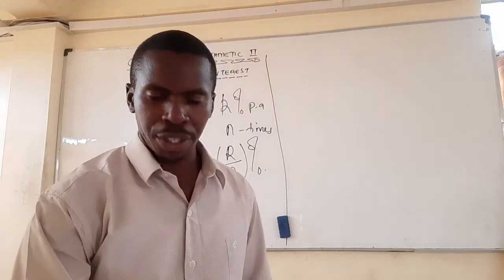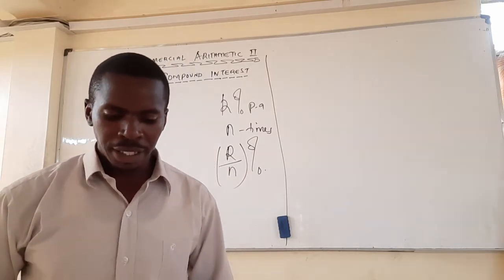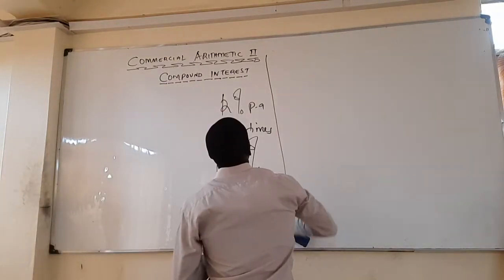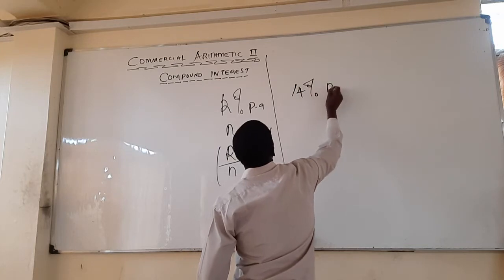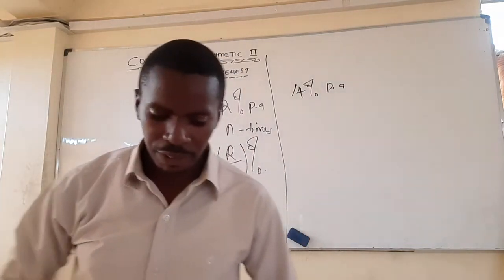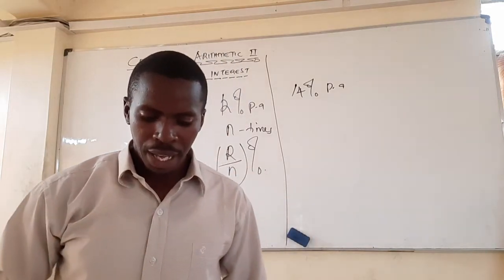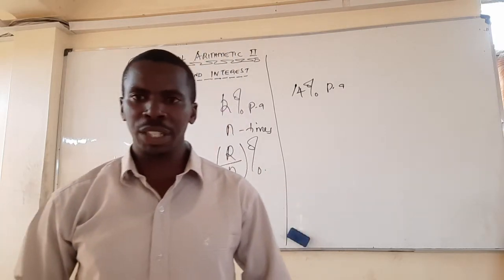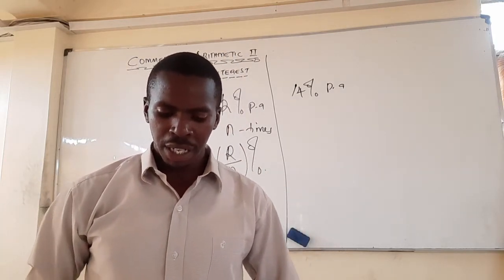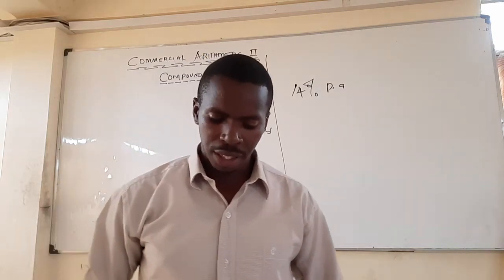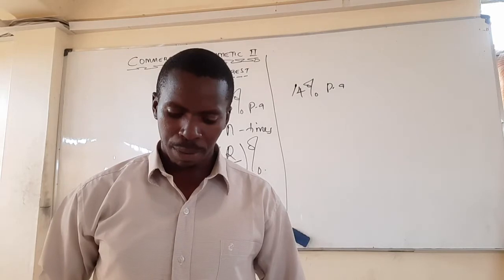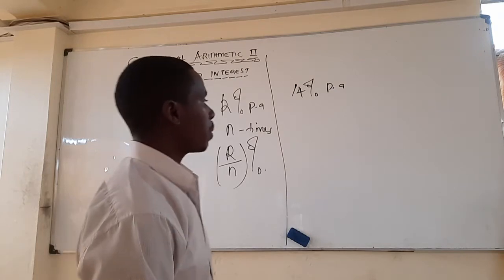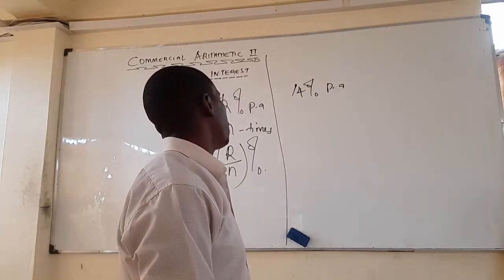We can give an example here. Let's assume that the rate of interest is 14% per annum and it is compounded semi-annually. Then the rate of interest per period is going to be, for semi-annually, in a year we have two times.